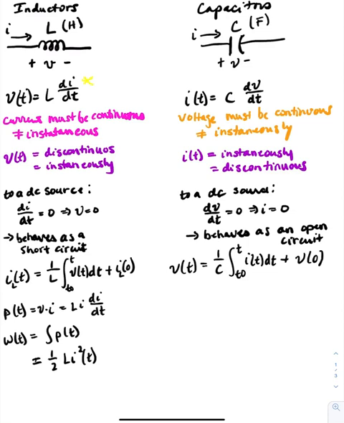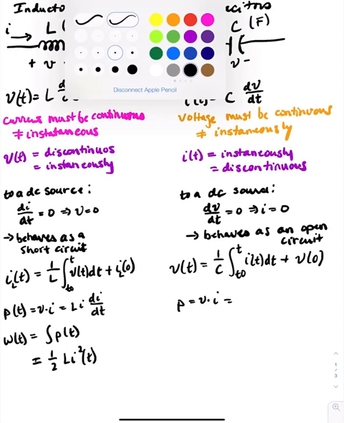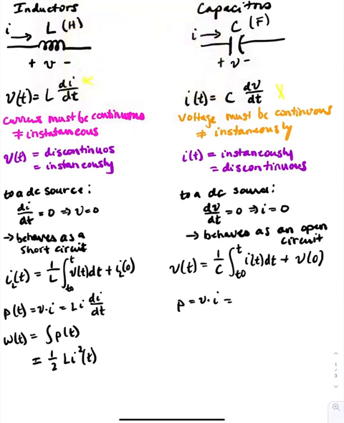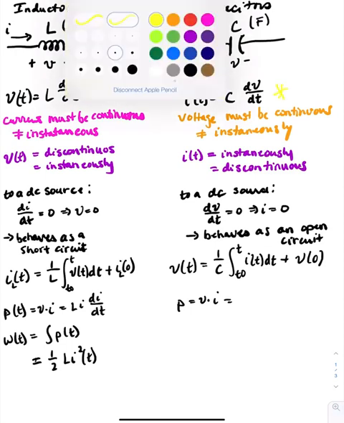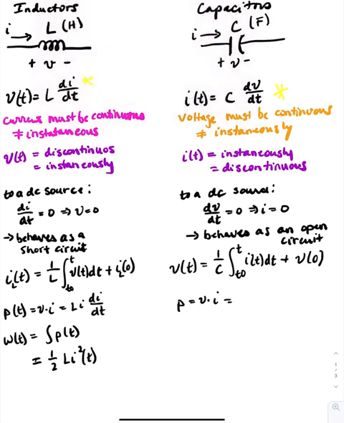And again, power is voltage times current, and again, we will be using this equation here. So C v dv dt.